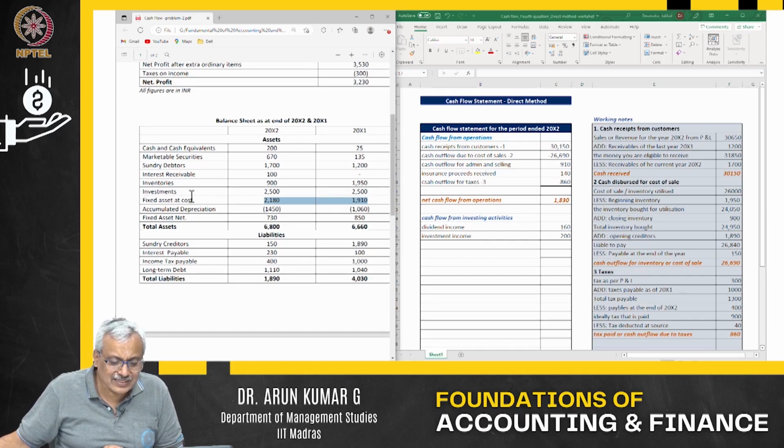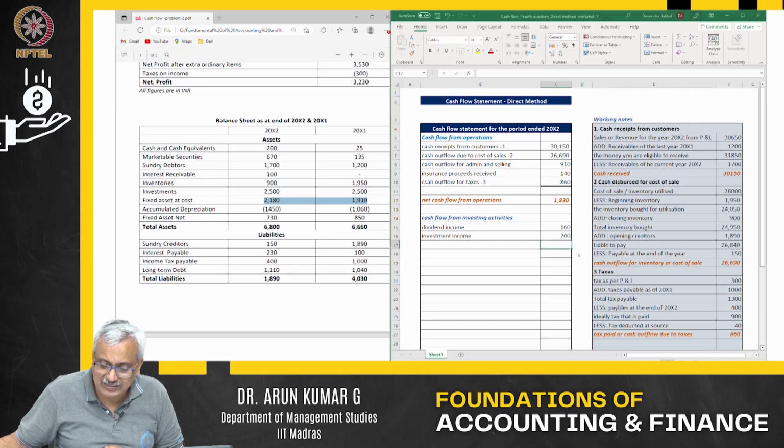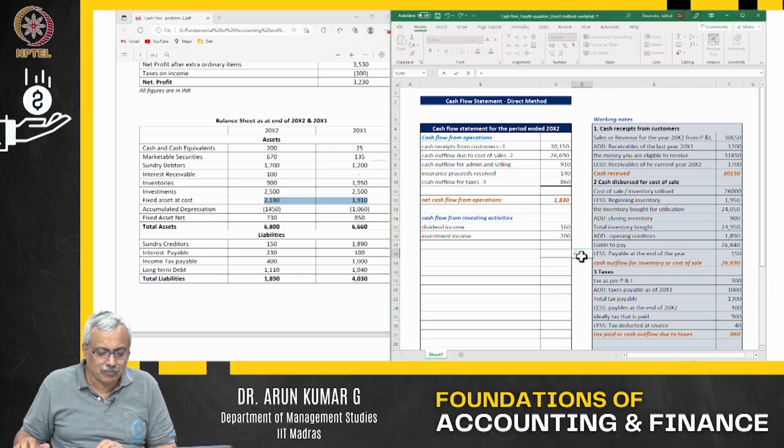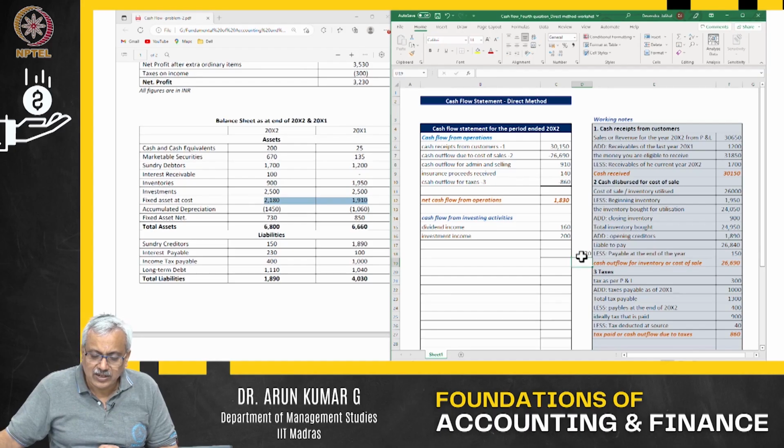Last year, the fixed asset at cost is 1910. This year it is 2180. That means what is the difference? The difference between 1910 and 2180 is the amount of fixed asset that you would have ideally bought.